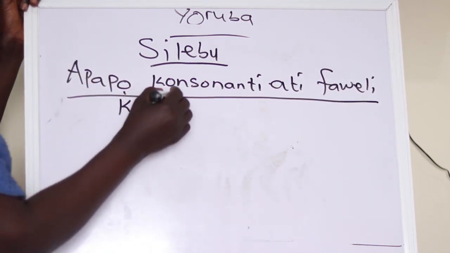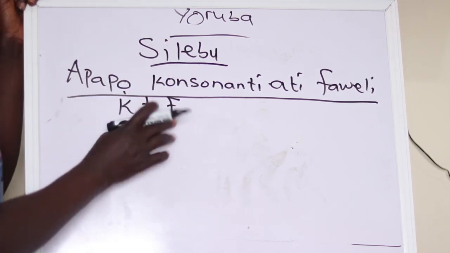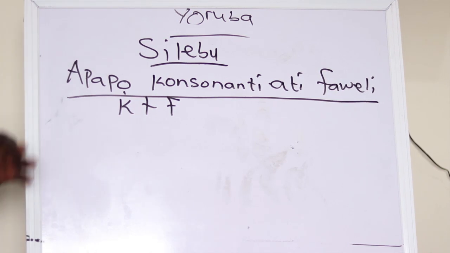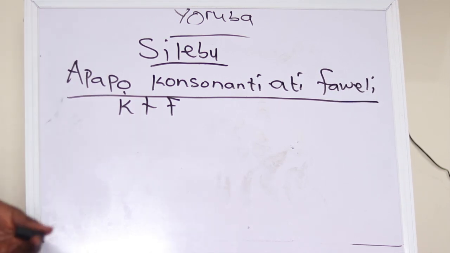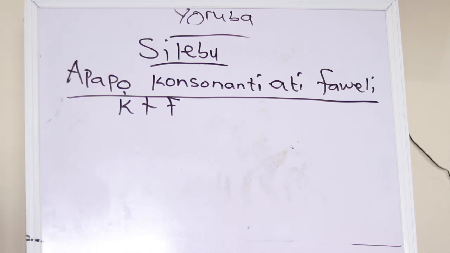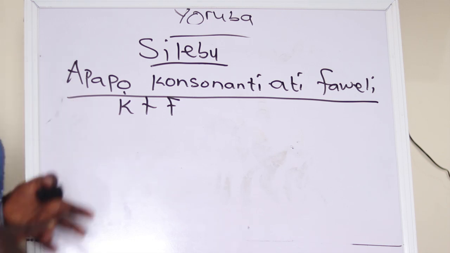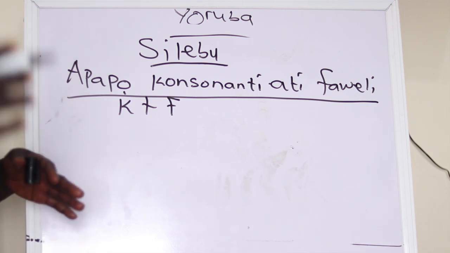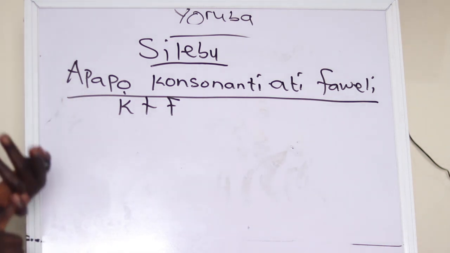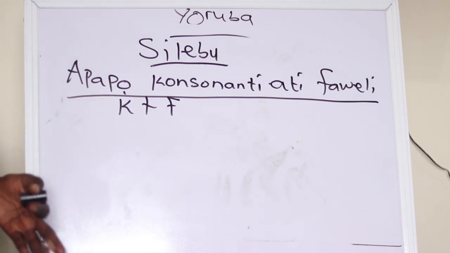Consonant plus vowel. Then you add the two together, it will give you syllable, which is one syllable. And we have one syllable, two syllable, three syllable, and so on. Tí a pè ní syllable kan, syllable méjì, syllable mẹ́ta.